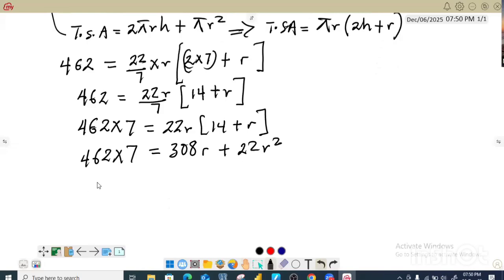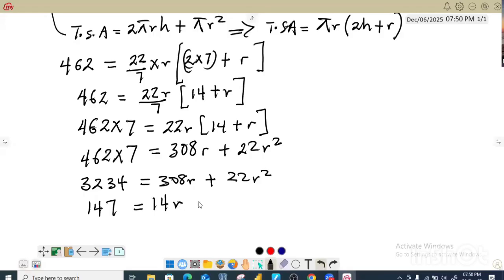We're having big numbers, but we are going to reduce it. 3234 equals 308r plus 22r squared. All the numbers can be divided by 22, so if we divide through by 22, this will be 147 equals 14r plus r squared. Let's pack them to the same side: r squared plus 14r minus 147 equals 0.